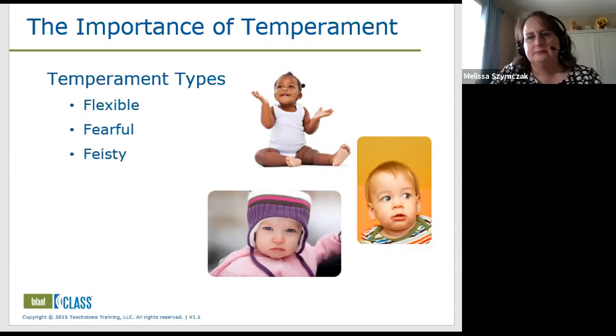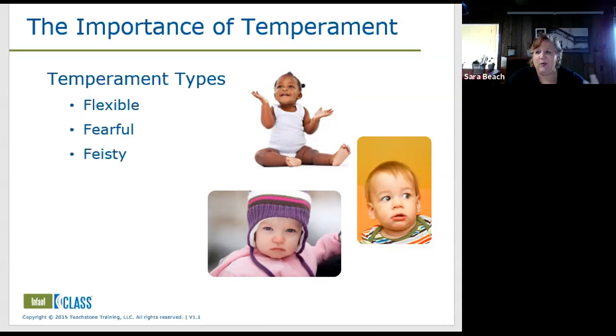Speaking as someone who was an infant caregiver, that was my first job ever, I'm sure you all can relate to, you want your break. You want a little break every day, and you would love for everybody to sleep at the same time. Or you don't want that one kid who's not going to sleep.